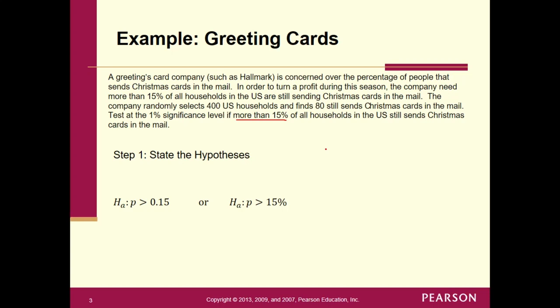Instead of writing that out, we're just going to use that symbol to represent all those words. We go back to the null. Remember the null is H sub 0. That would be p is equal to 0.15. And we are clearly running a right tail test because we have a greater than sign. We're going to use that information when we calculate the P value, the probability value. Okay, step 1 done.